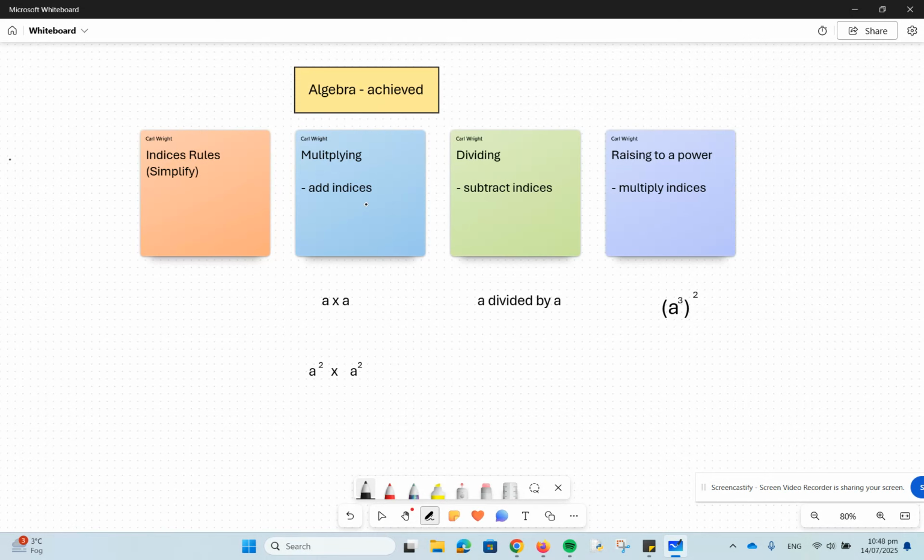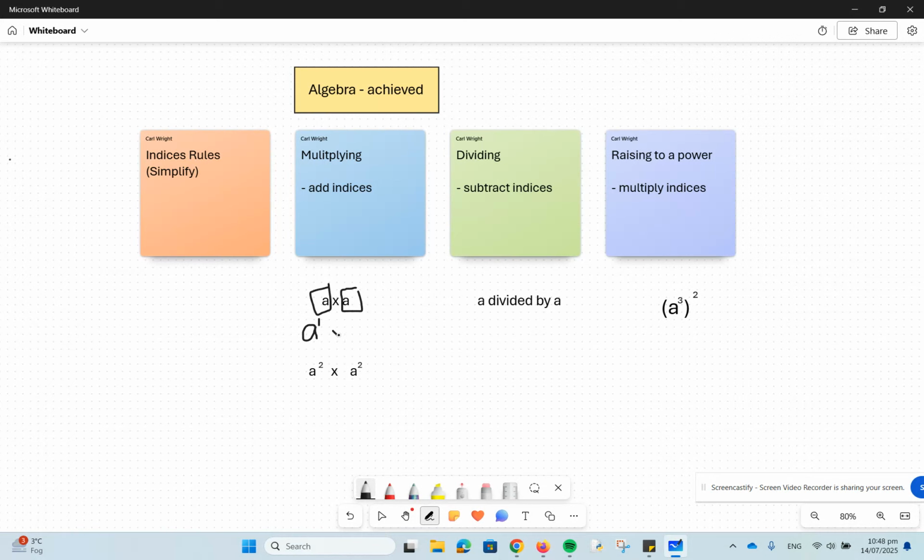You add indices. So I've got an A, there's one term, an A, and there's another term, another A, and my operator is multiplying. I'm going to look at the rule for indices when I'm multiplying, and that means I have to add. So what is the actual indice of this A? It is to the power of 1. We don't write the 1, it's just the letter by itself.